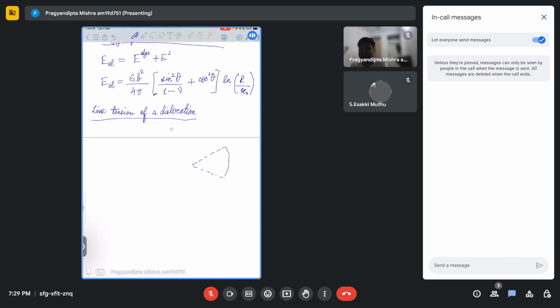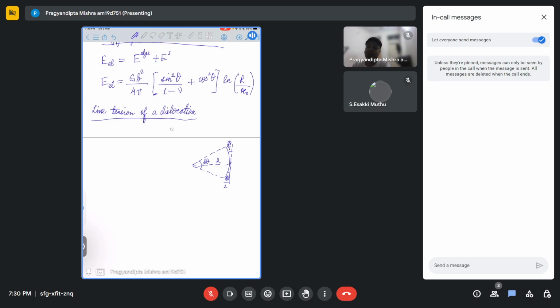So if you are having a dislocation like this, let's say this is the center. Let's say this is a dislocation. And this is my d theta. This is my radius r. So this will be essentially d theta by 2. Same thing will happen here, d theta by 2. These are the angles.